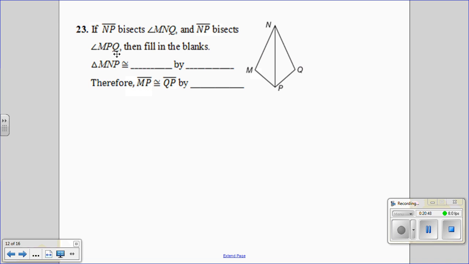Now 23 says similar information. NP is bisecting that same angle, so let's mark the congruent angles. And we know that this line NP is being shared by both, so let's mark that. Then it tells us, oh, I'm sorry, I marked the wrong one.